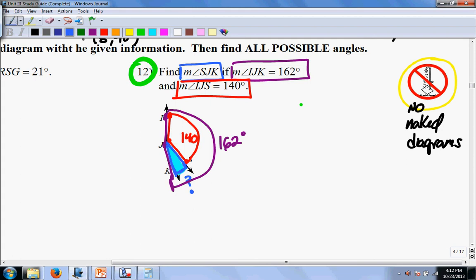Well, you should see right off the bat, just physically trace this with me. If from here to here is 162, and here to here is 140, what would that be? And what would you do to find it?